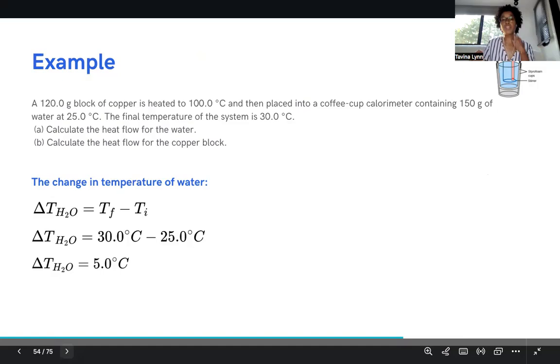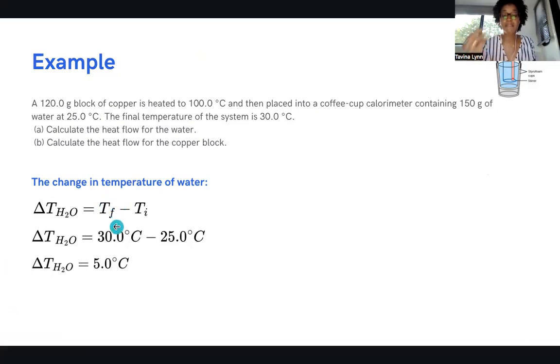So first we're going to look at water first, part A. So the change in temperature of water is our final temperature, which is what I've written here, right? T for temperature, sub F, that means final temperature, minus initial temperature, which is the I for initial. That will give us the change in temperature.